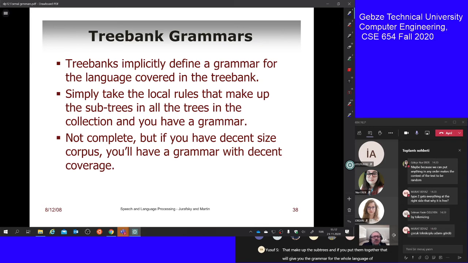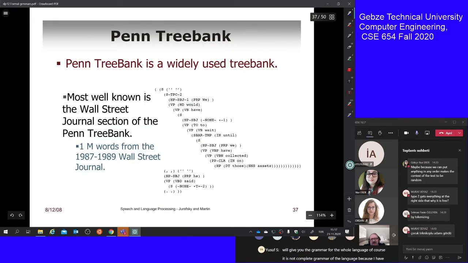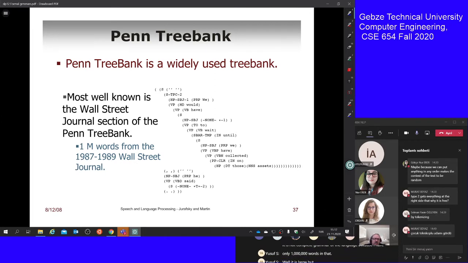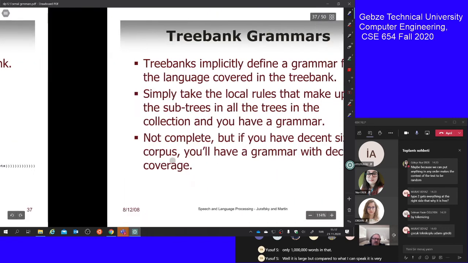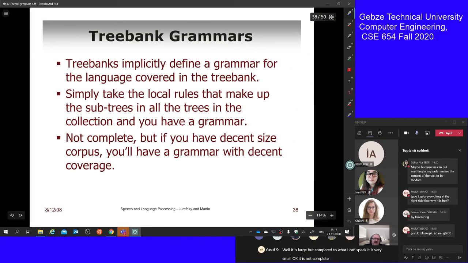Of course, it is not a complete grammar of the language because I have only 1 million words in that. Well, it is large, but compared to what I can speak, it is very small. It is not complete, but if your corpus is large enough, then you may say that I have decent coverage of the language.